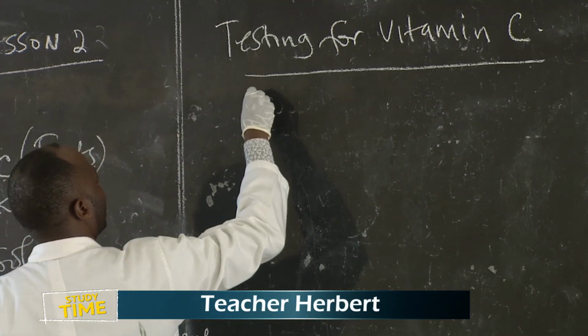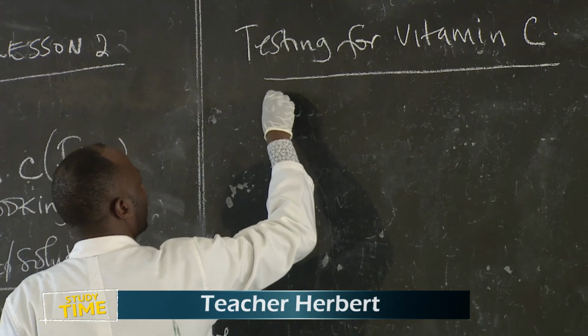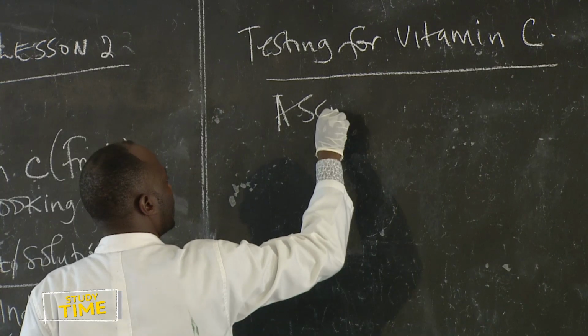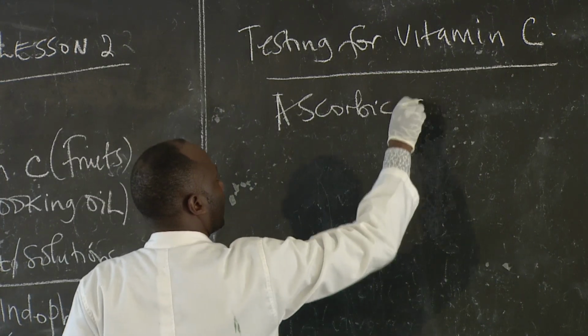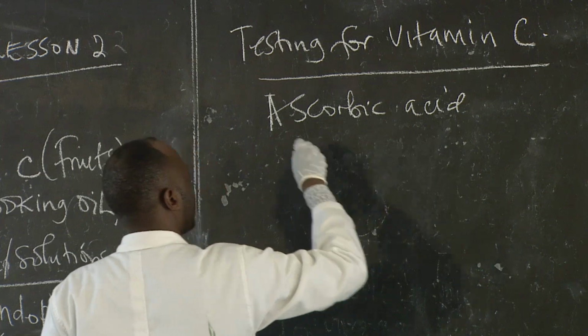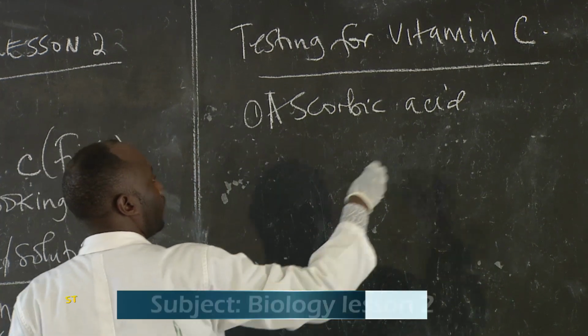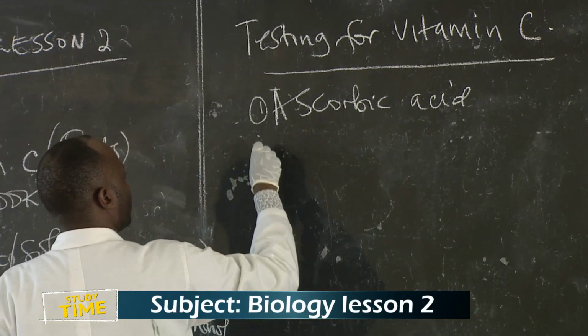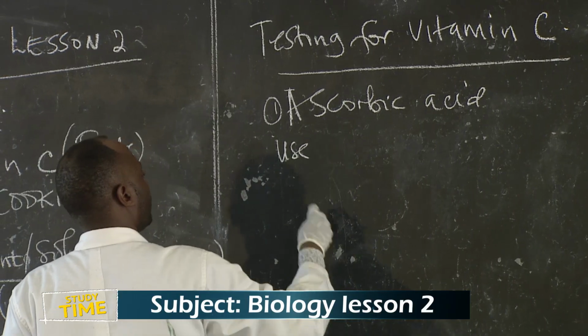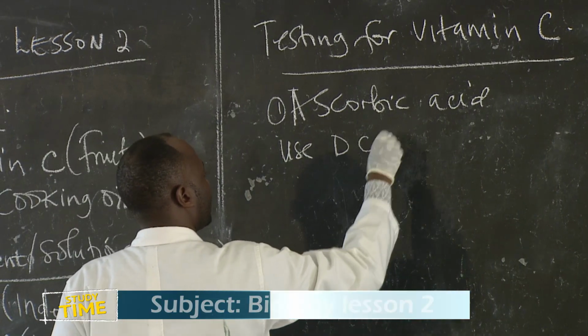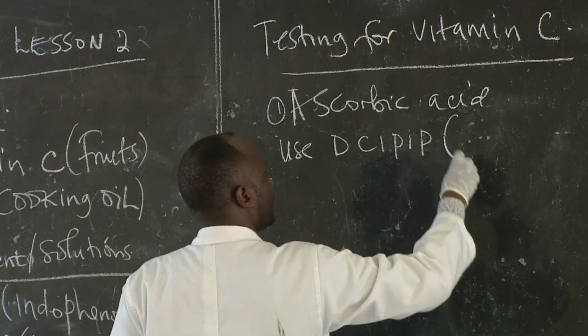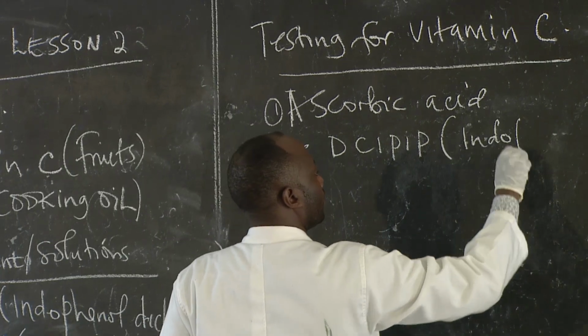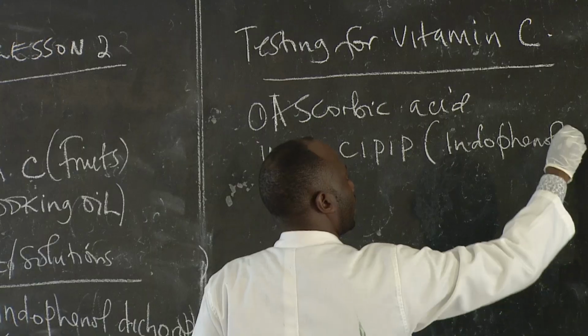As I said, you can take ascorbic acid as a food nutrient. Then from there, you can also use the DCPIP, as I said, dichlorophenolindophenol.